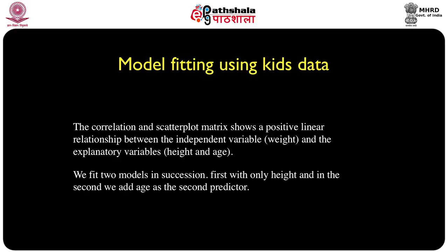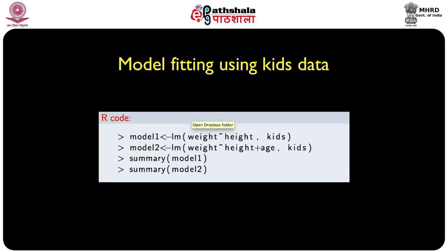And in the second model, we will now add age as the second predictor variable. So here is the R code for fitting the linear regression model to the kids dataset. The first model, called model 1, we use the lm function in R to fit a model between weight and height, where weight is the response and height is used as the predictor variable.